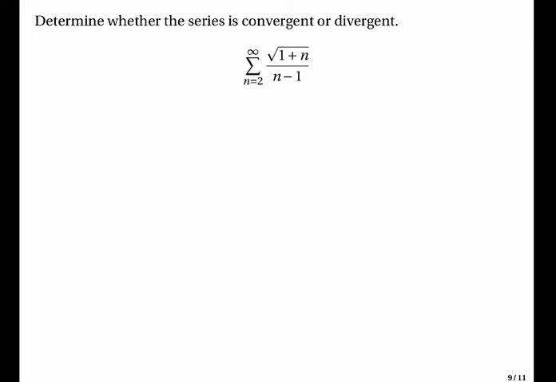For our next example here, we want to determine whether the series sum from n equals 2 to plus infinity of square root of 1 plus n over n minus 1, okay, is convergent or divergent. Okay? Now, look at this.